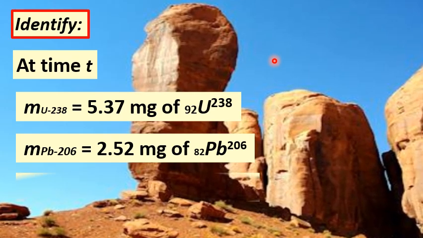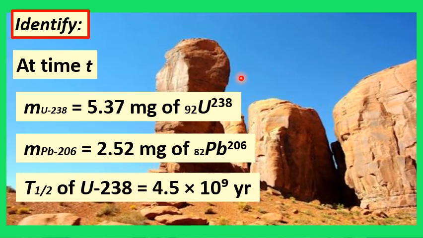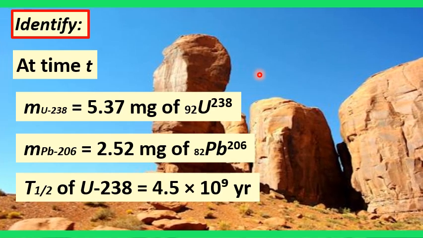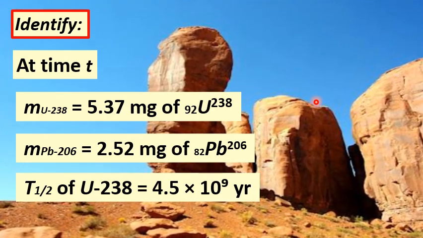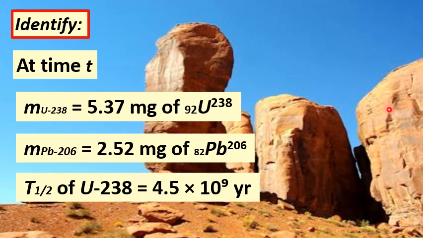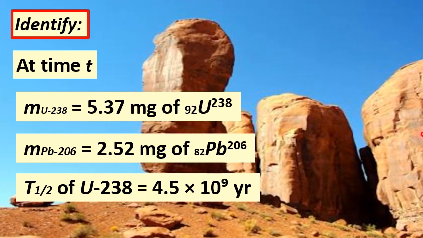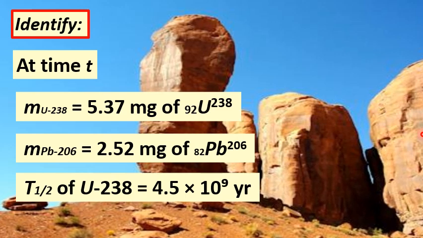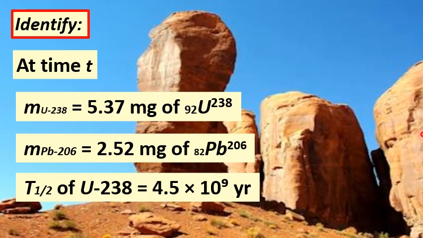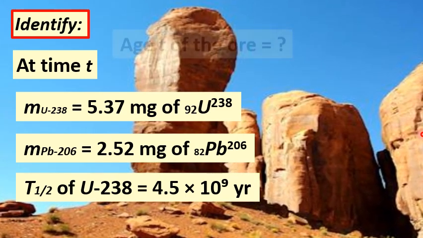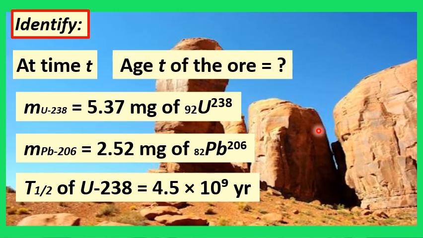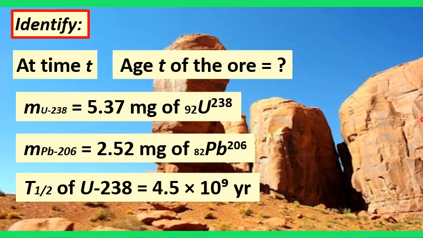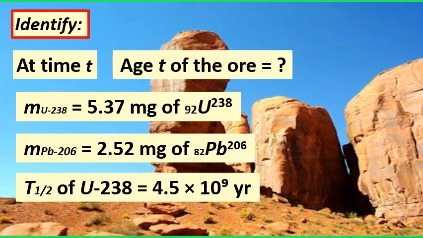And also, we are given the half-life of uranium-238, which is 4.5 times 10 to the 9th year, or 4.5 billion years. And our target variable is the age of the uranium ore.